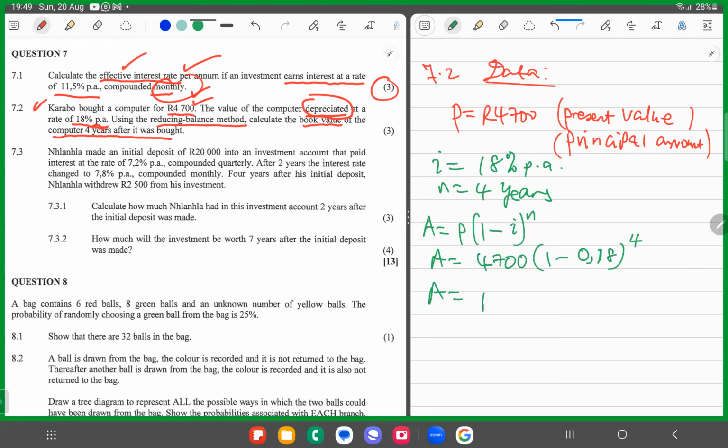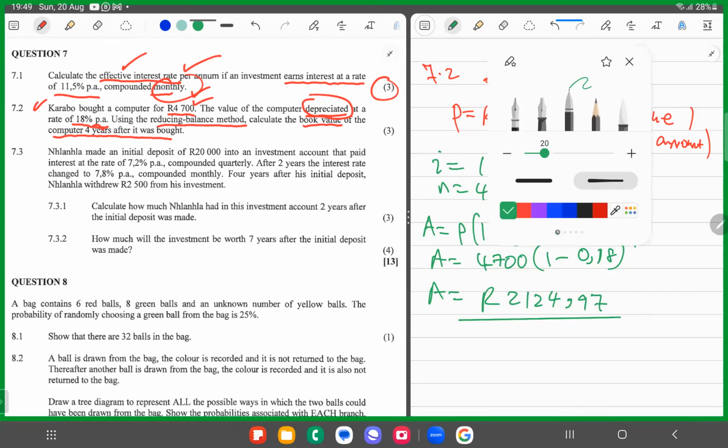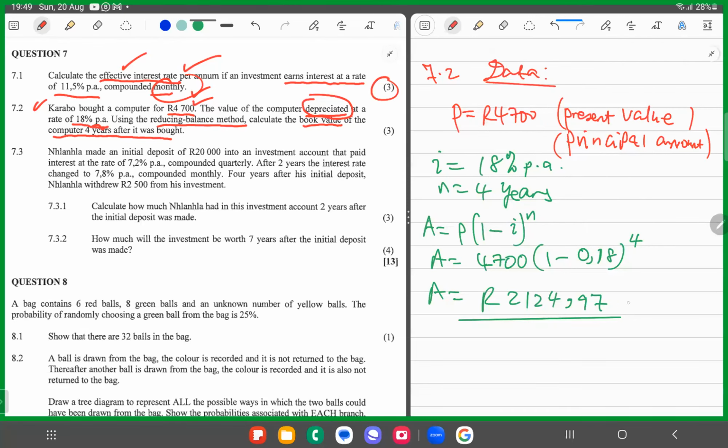You multiply everything, which is 2124.97.